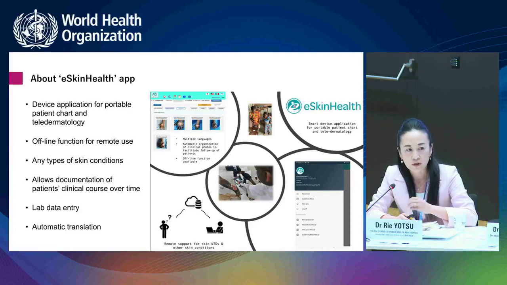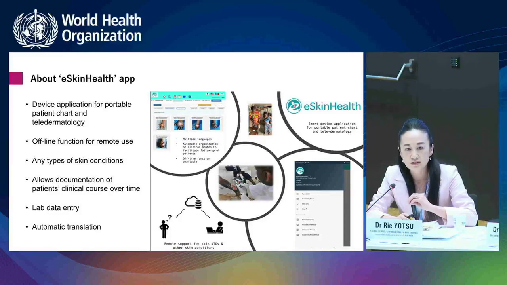Usually, when I explain about this device, I say that there are two functions to this device. One is that this can be used as a portable patient chart, and secondly, if the local healthcare providers need some support in diagnosis or case management, they can be connected to a remote dermatologist.